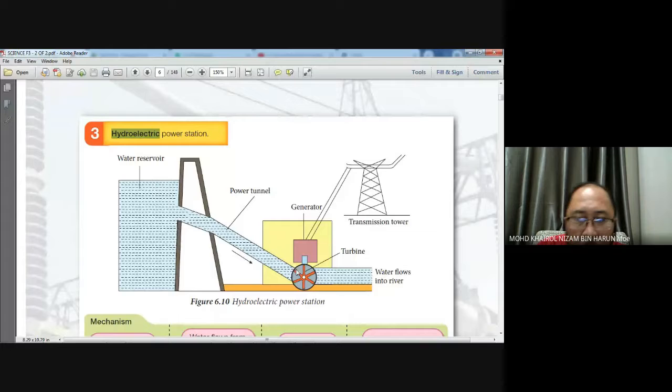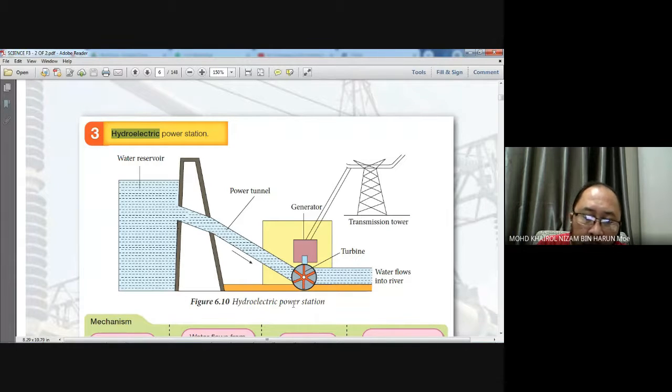So the concept is the same. The turbine is used to rotate the coil wire inside the generator, so it will produce electricity. To rotate the turbine, we are using the flow of water. When the high speed flow of water touches the turbine, the turbine will rotate.